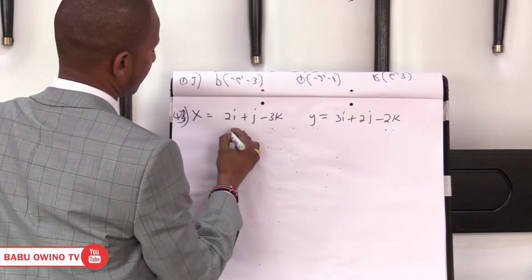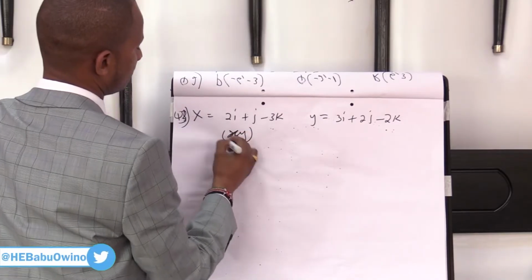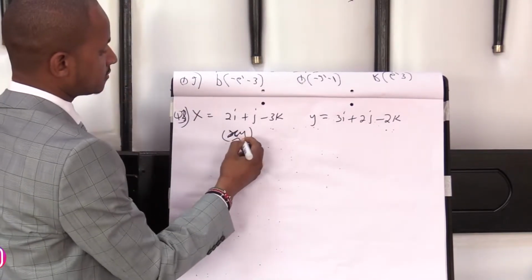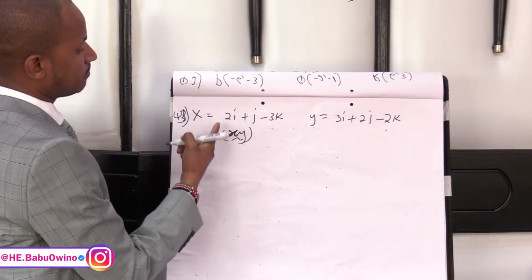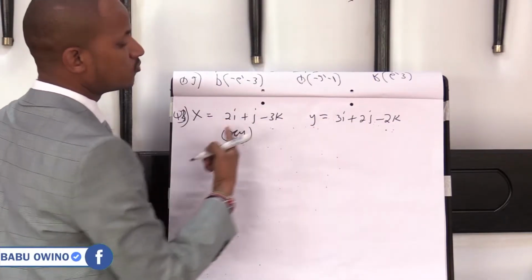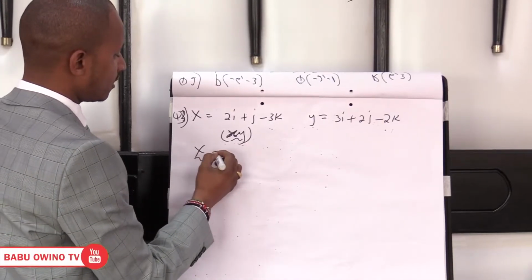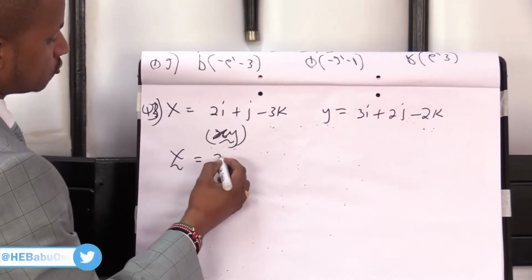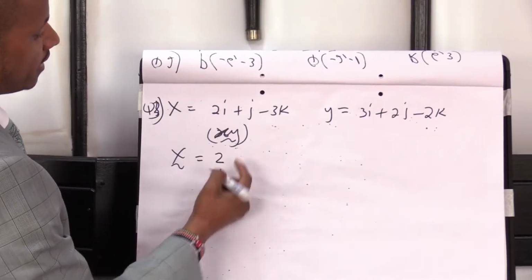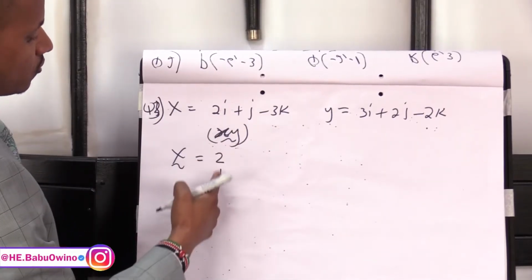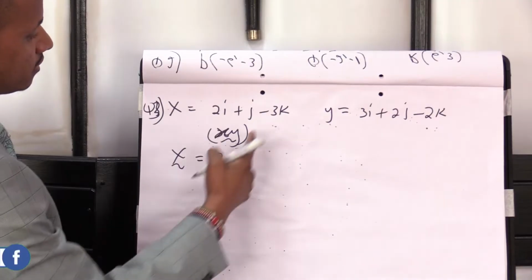Xy means y minus x, but you are given these unit vectors i, j, k. So x in column vector form is 2, 1, minus 3, taking them with their signs.